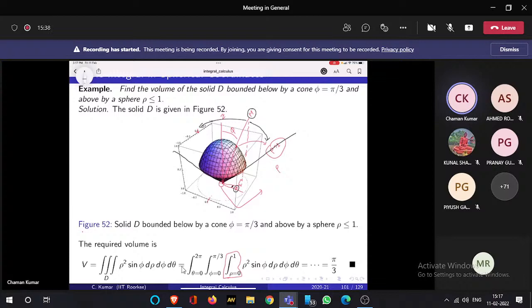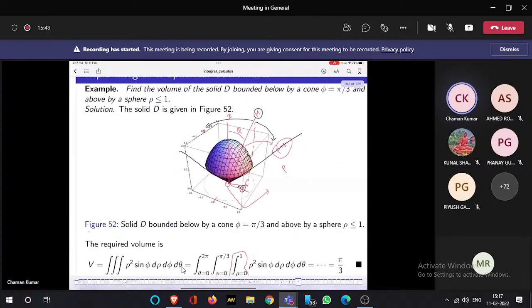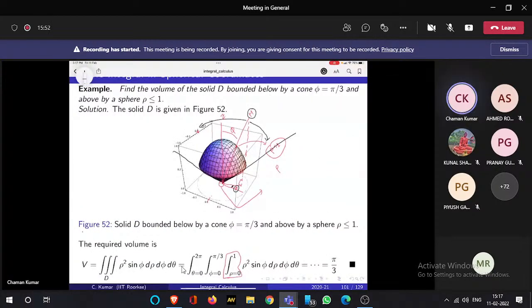For a given theta, because this is an angle with the positive x-axis, basically you identify the value of phi. Yeah, with the positive z-axis, only with this positive.